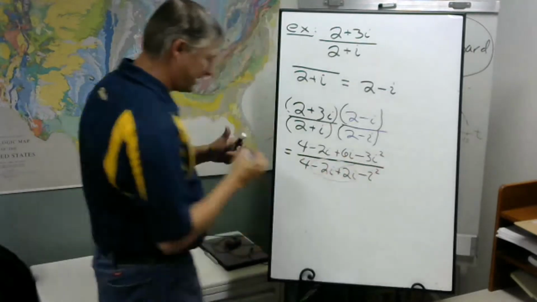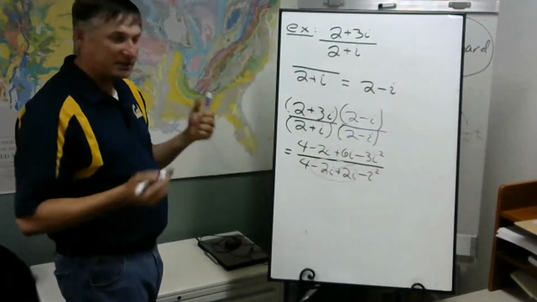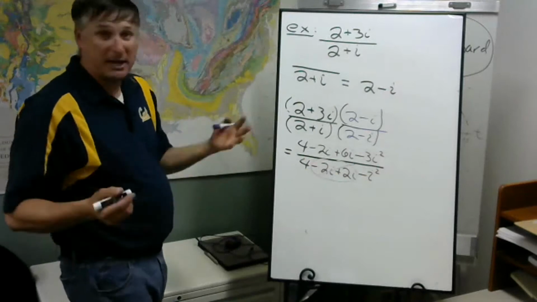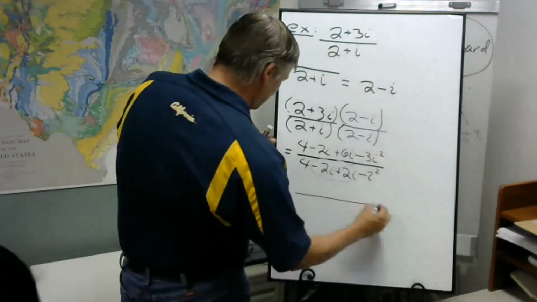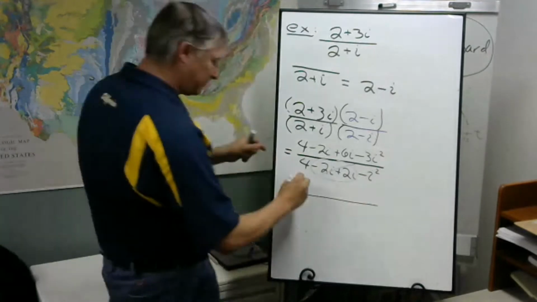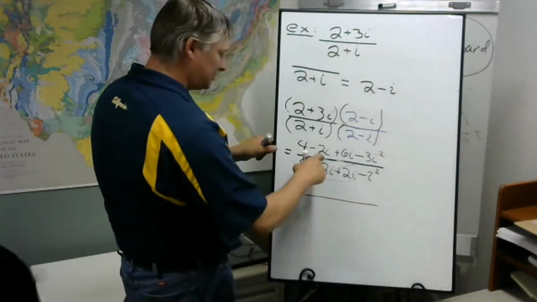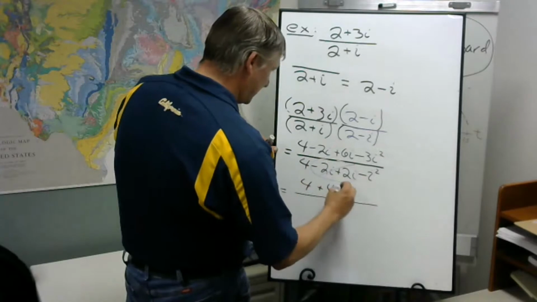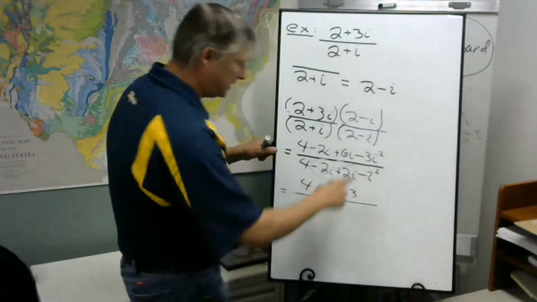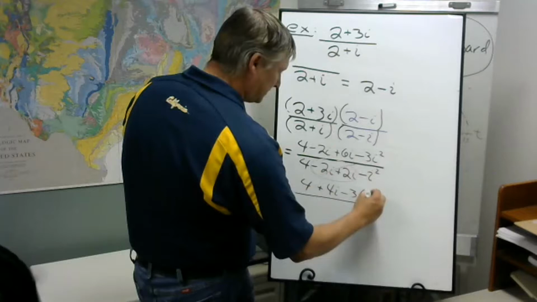Keep a note there, those are canceling. Negative 2i plus positive 2i, those cancel. So let's see, minus 2i plus 6i is positive 4i, minus 3. Now i squared is minus 1.